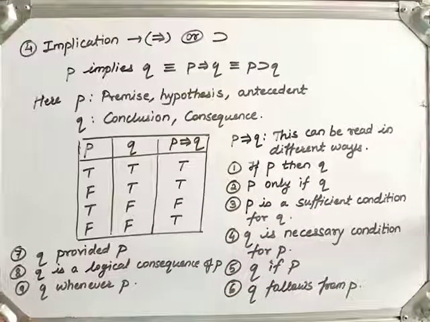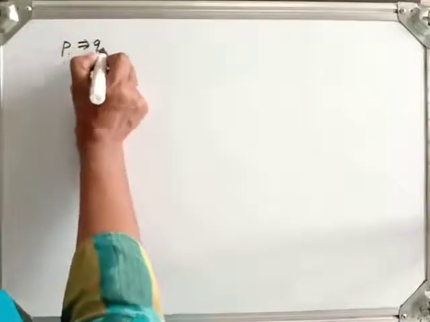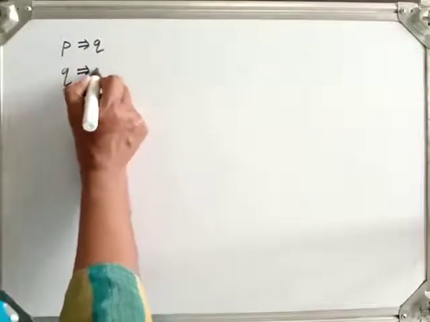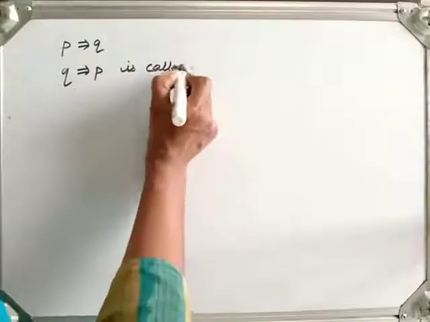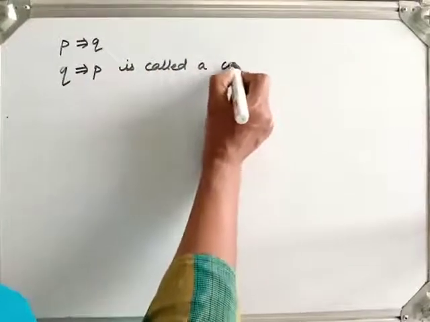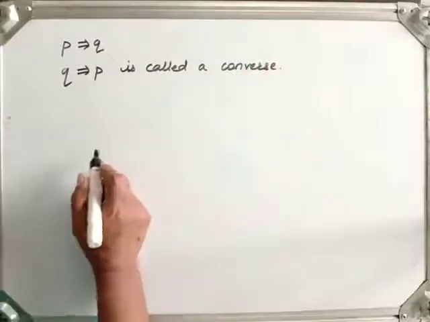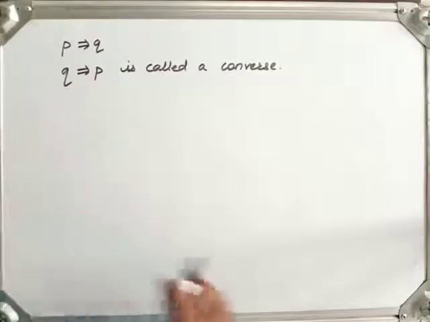Okay. Now we have seen that P implies Q. Now if I write Q implies P, this statement is called the converse of the previous one. In schooling you had learned about the converse.